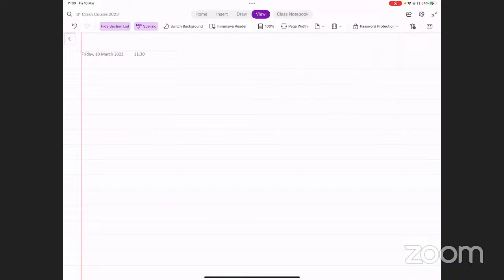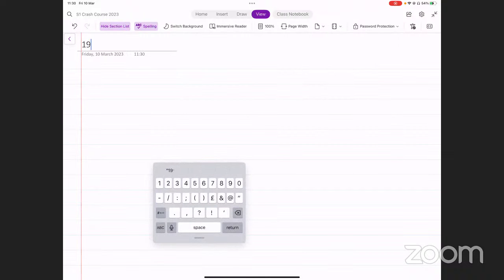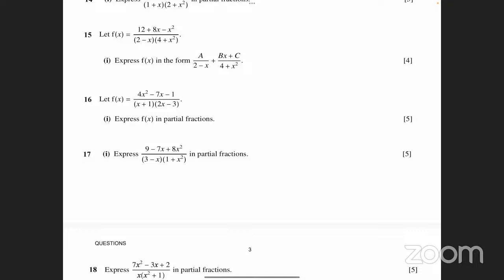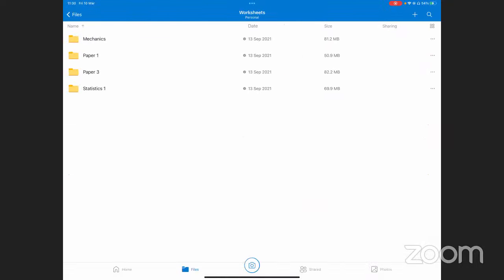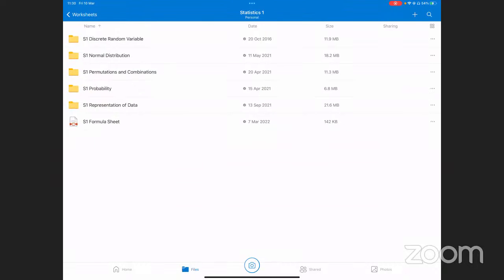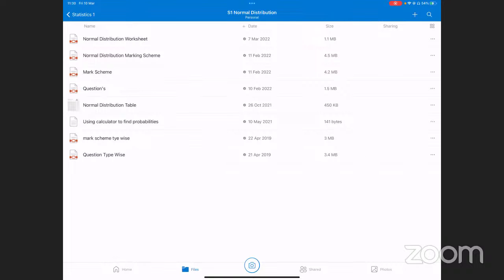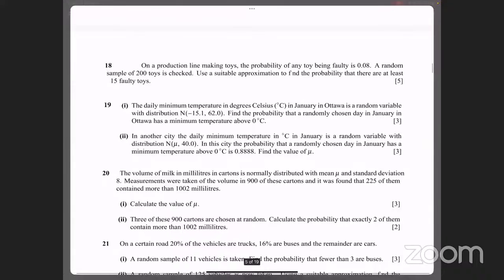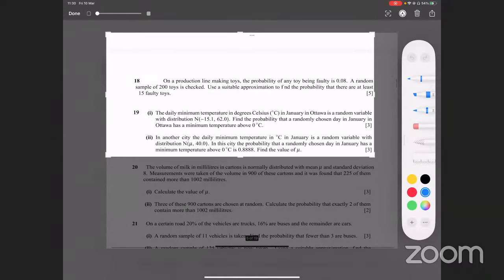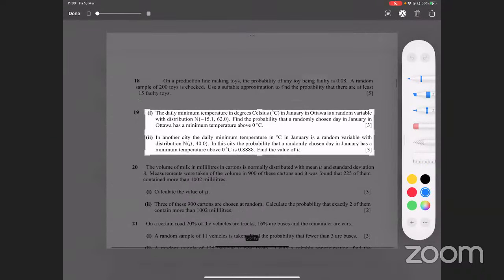Let's do the second part of that before we end. All right, so we're looking at this question earlier, question number 19. Let's have a look at this again and try the second part of this now.